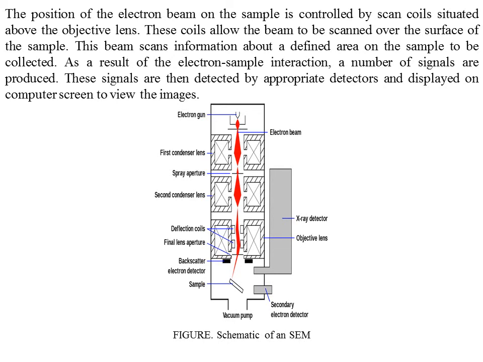We have a set of deflection coils and we have electron detectors. These electron detectors receive the signals that are reflected back from the sample because of the interaction of the electrons with the surface atoms of the sample. So we have an X-ray detector, a backscattered electron detector, and a secondary electron detector.